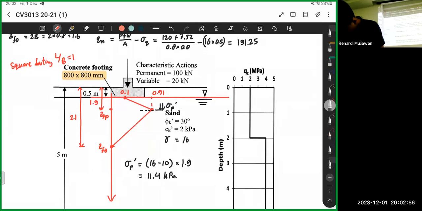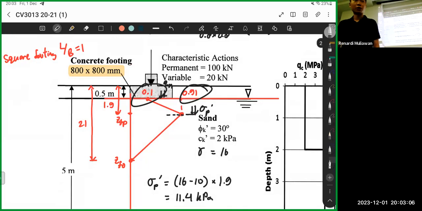Okay, so the graph will look like this: 0.1, 0.91. That's how you construct the graph.